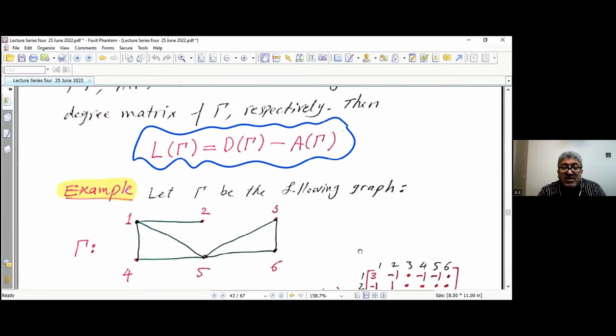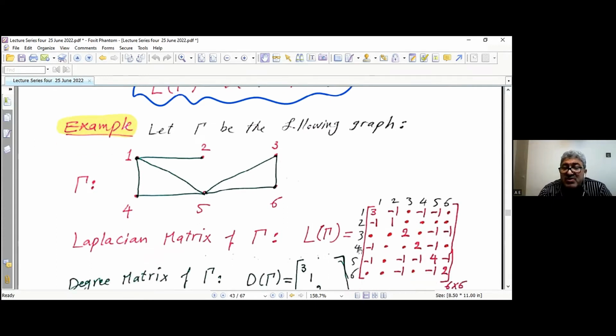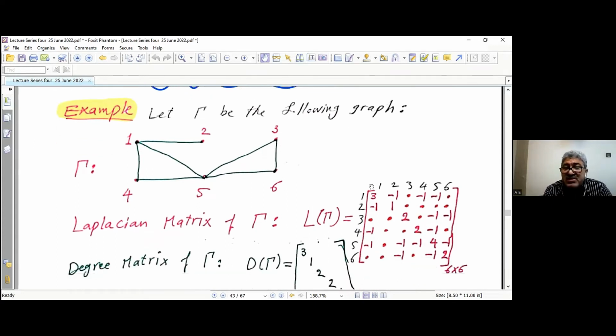For example, for this graph gamma, we can compute the Laplacian matrix directly by the definition. For example, the first entry on the diagonal is 3, which is the degree of 1.